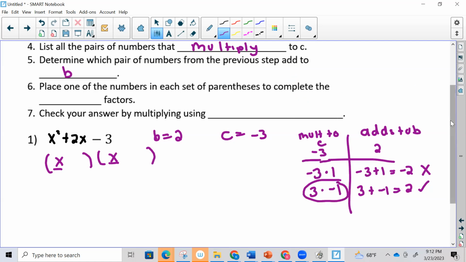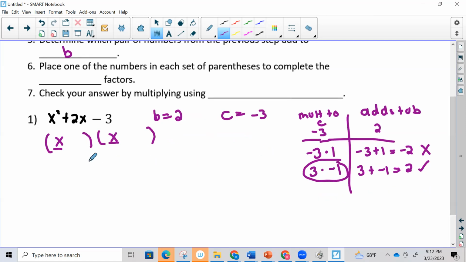And so what I do is I put those factors: +3 and -1. So I'm putting the two numbers that multiply to c and add to b as my second two numbers, just like we saw when we were multiplying. And then you can always check it by multiplying out or distributing.